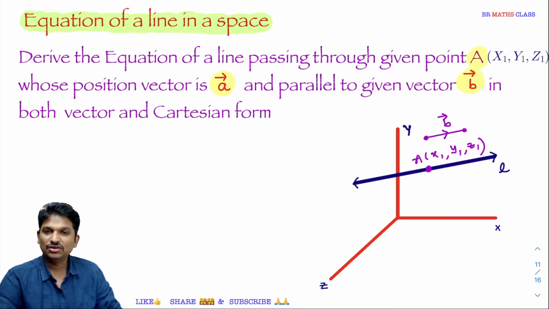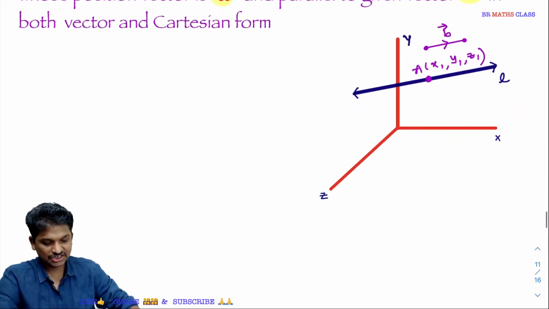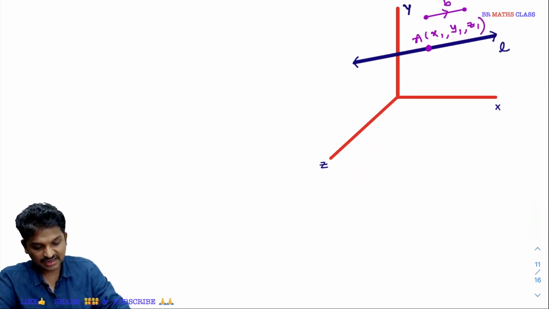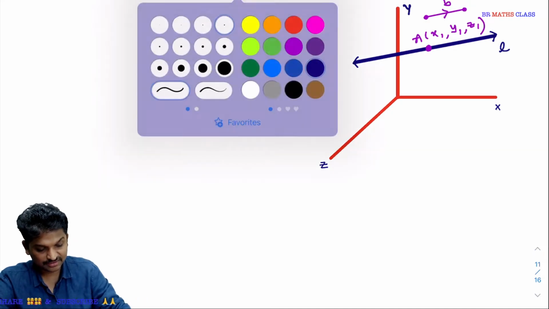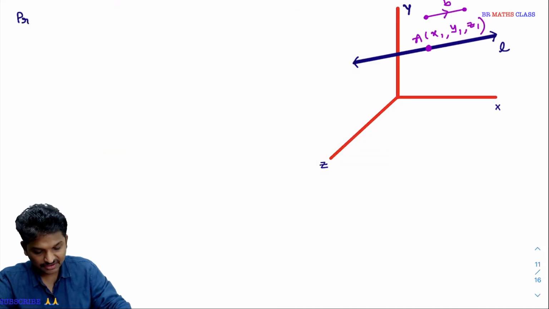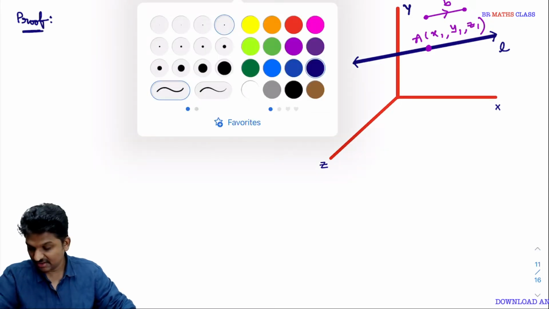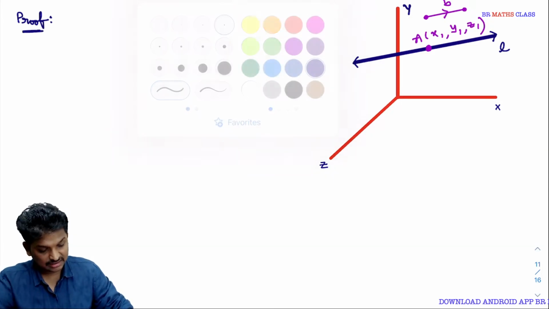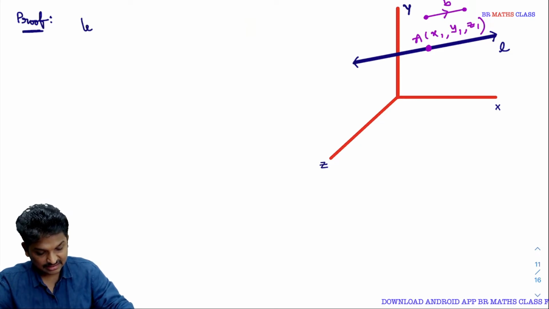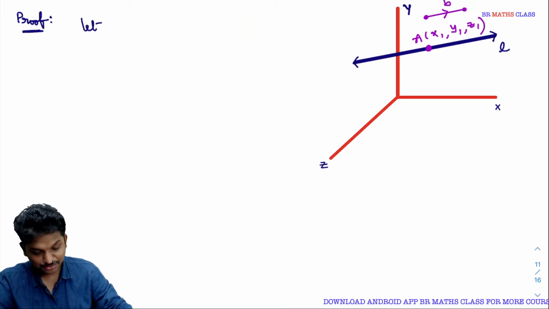Okay, so let's start the proof of this derivation. We need to derive this line equation. Proof. First, I'll write a few things which are needed. These things take time to write, so please have patience.